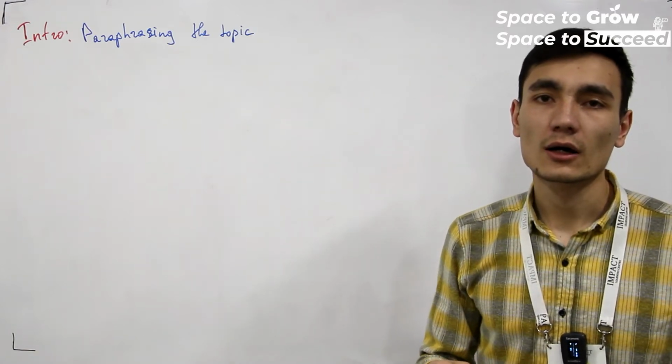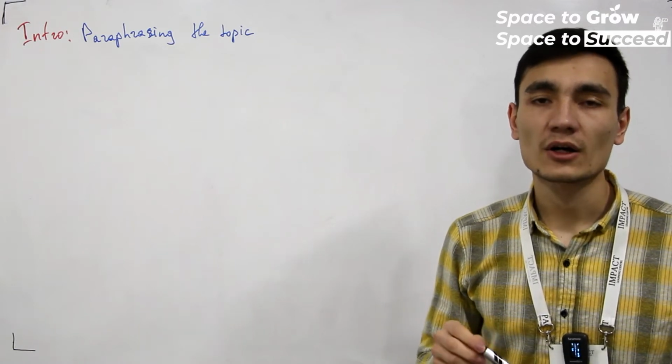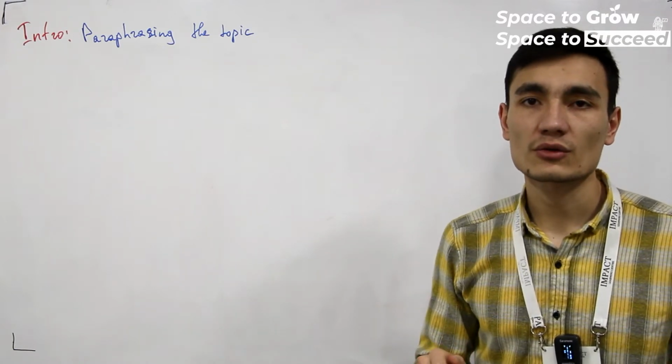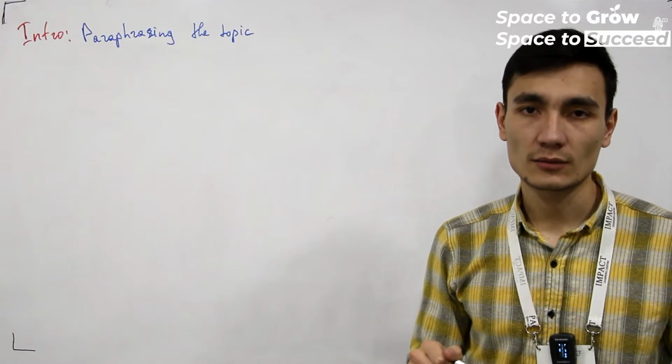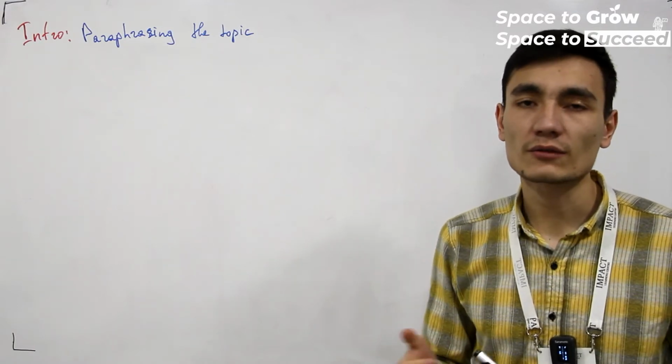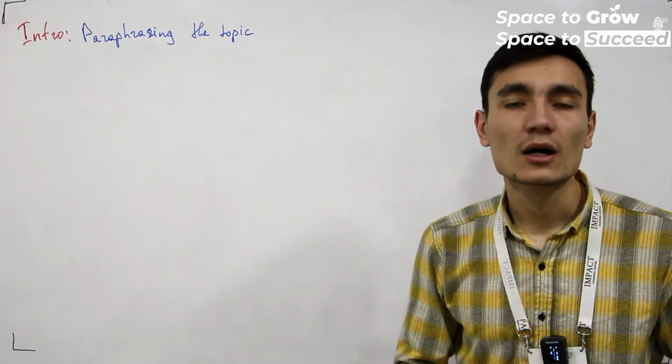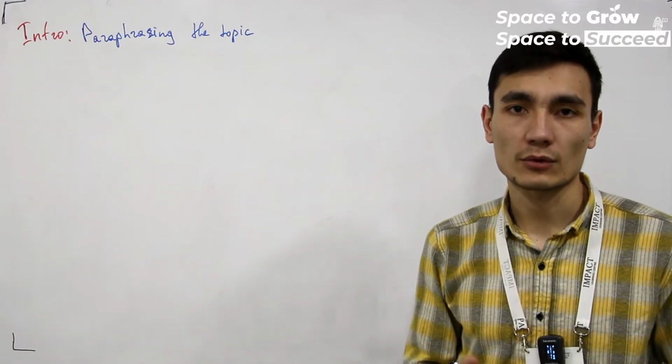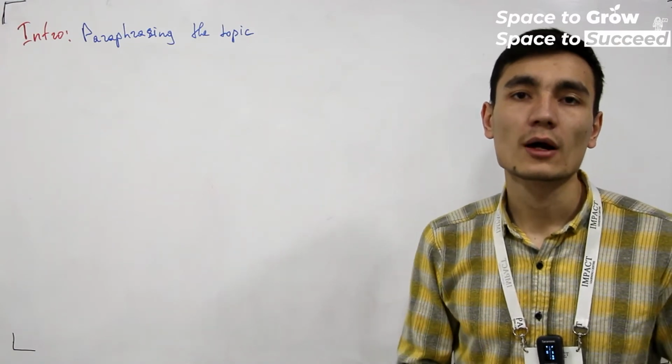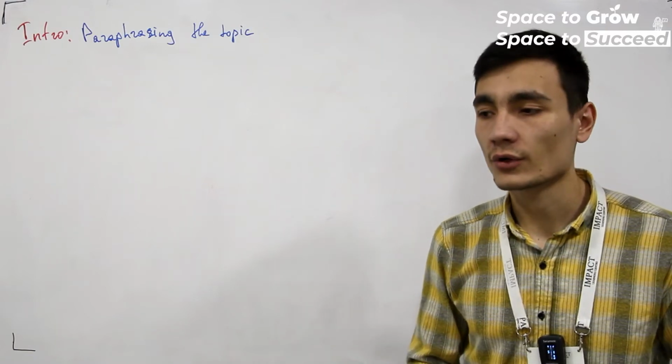So then most students make a mistake of trying to go to dictionaries and trying to find synonyms, but in most cases, in 50 plus or even 80 plus percent of cases, they find wrong vocabulary and they use wrong vocabulary.